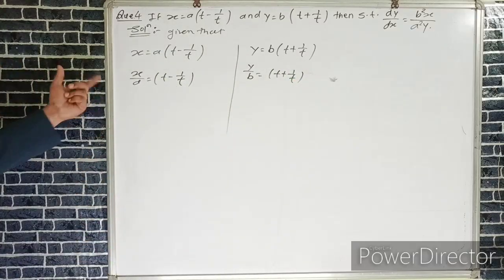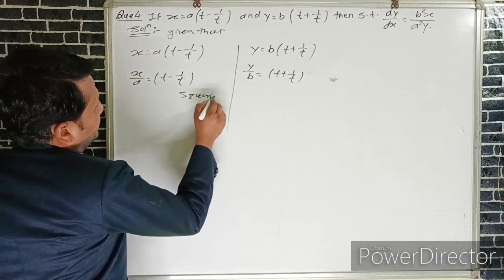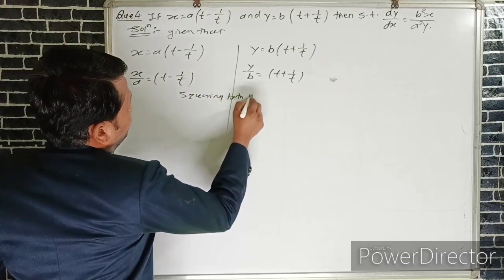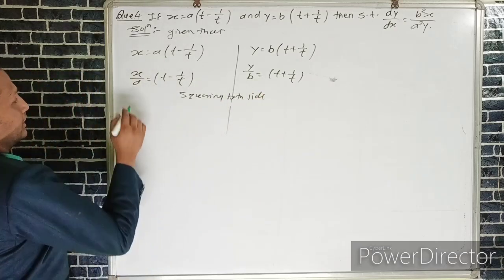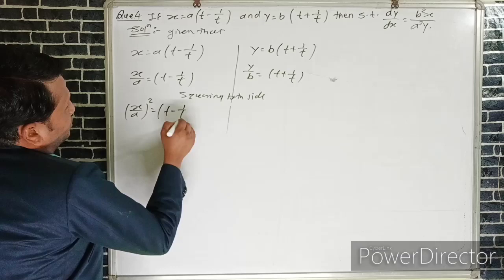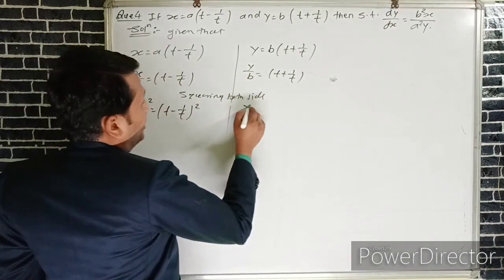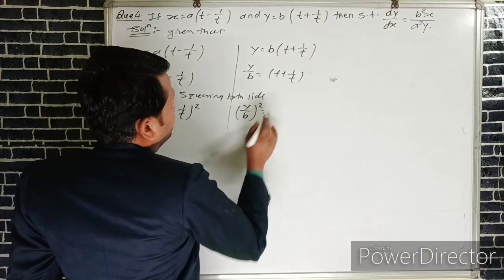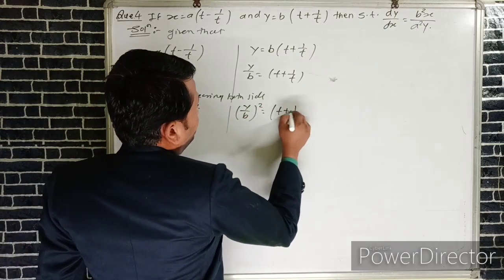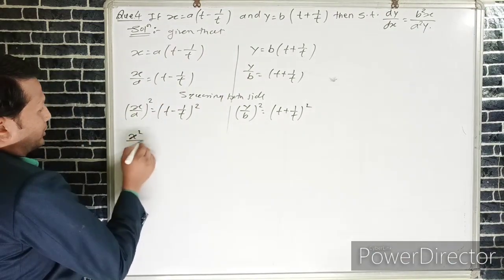If we square x and y, squaring both sides, we can write here x by a whole bracket square equals t minus 1 by t bracket square. Again we can write y by b whole bracket square equals t plus 1 by t whole bracket square. Now it is x square upon a square.